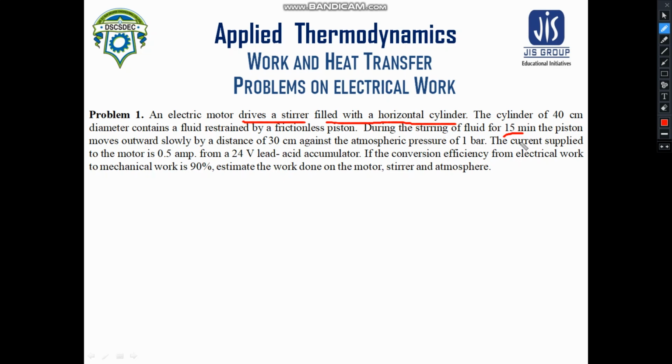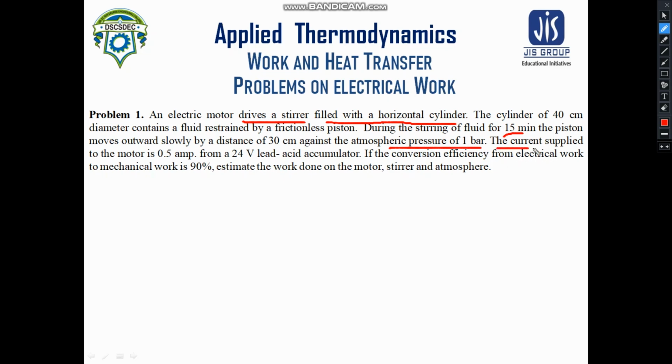Then the fluid inside this cylinder obviously tries to expand, and for this expansion process the piston moves outward slowly by a distance of 30 cm against the atmosphere. The atmospheric pressure is 1 bar, which is given to you.